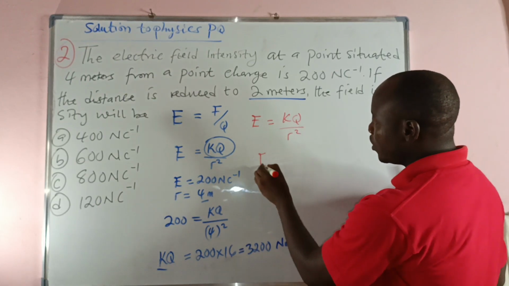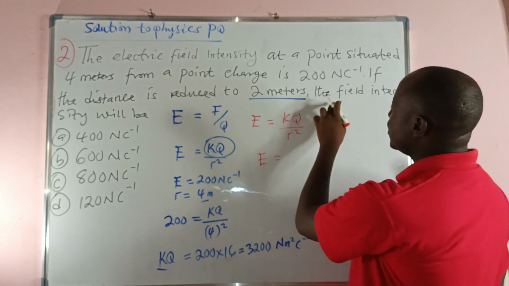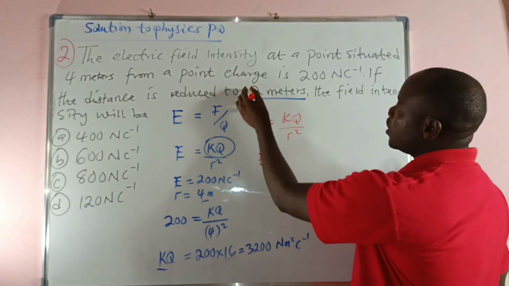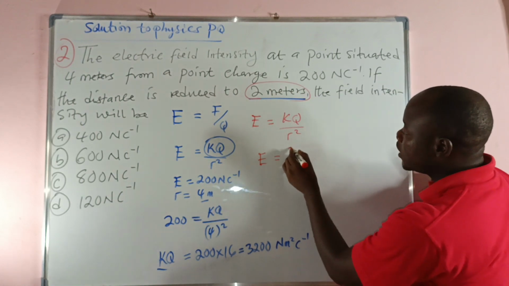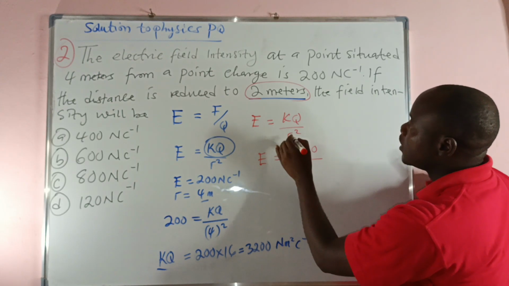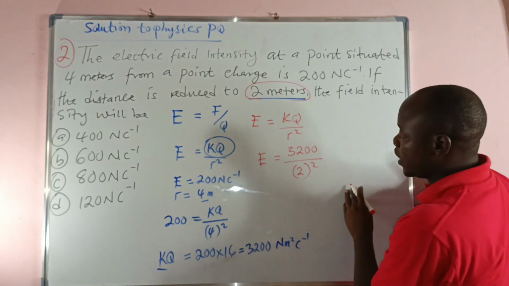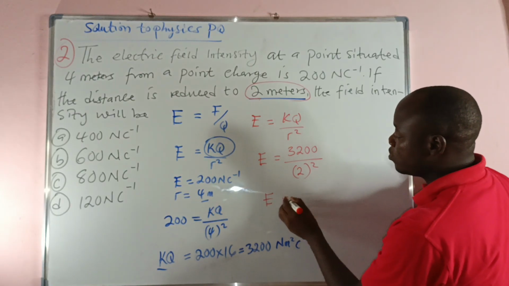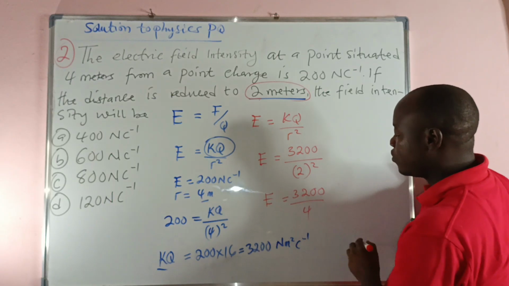So E is equal to, because this is what we are looking for, the electric field intensity when the distance is 2 meters, KQ which is 3,200 divided by the distance, 2 meters, squared. This will give us 3,200 divided by 4.